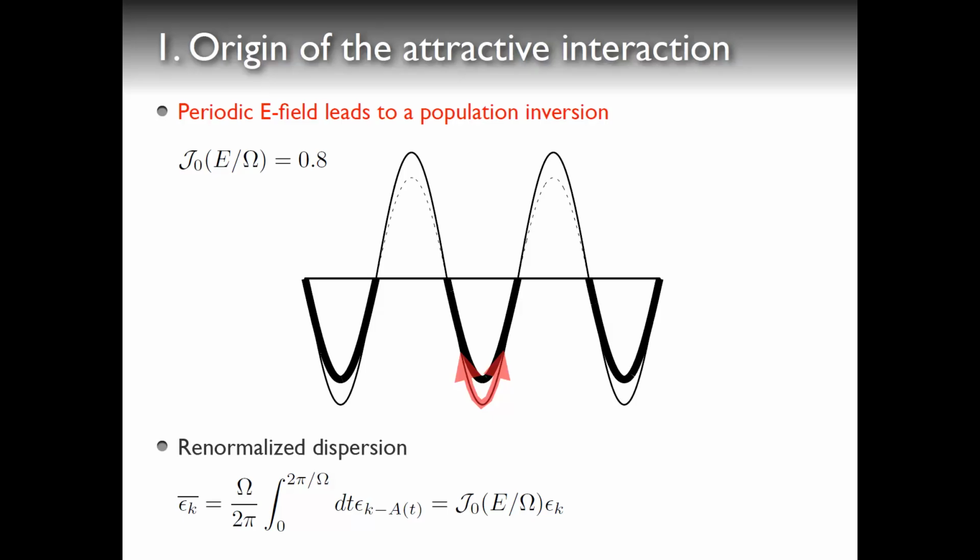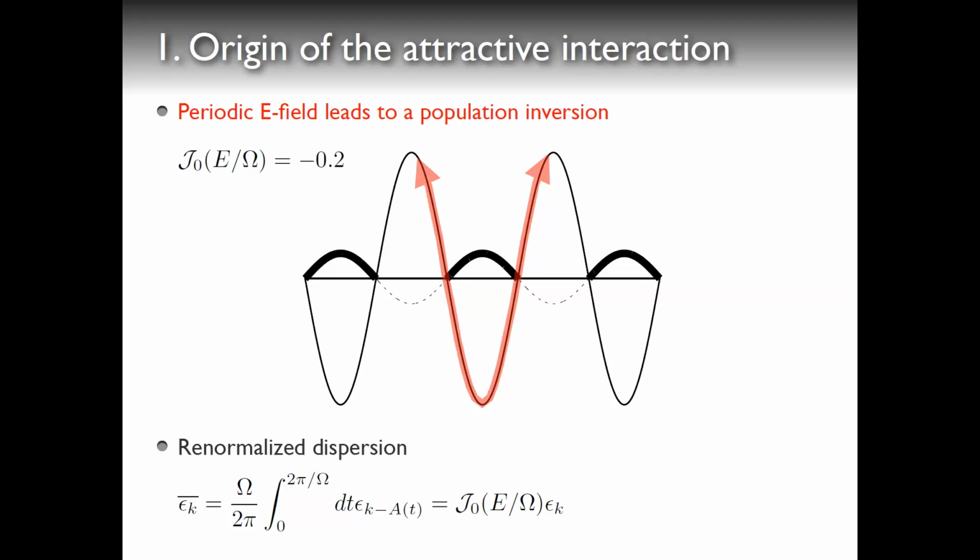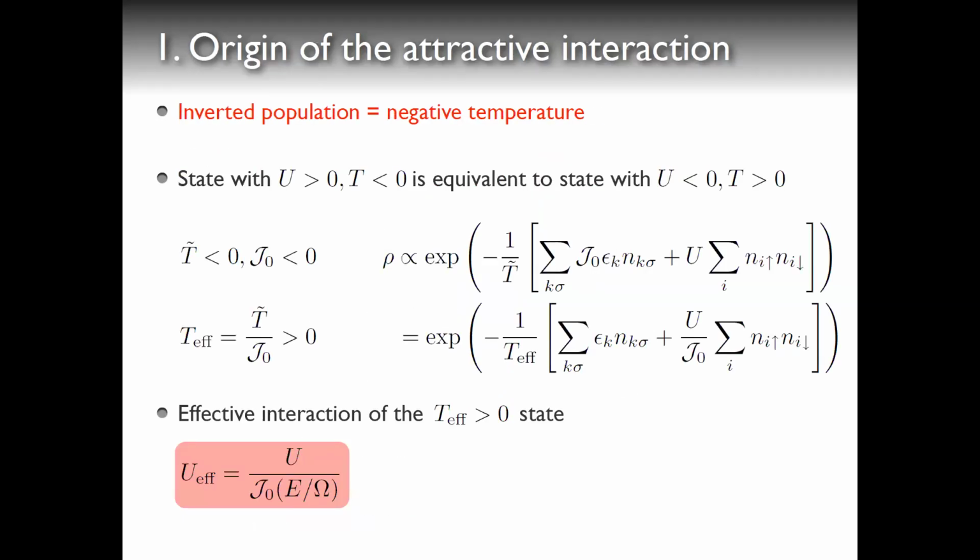And then if we wiggle more, if we have a stronger electric field, the band will be more strongly renormalized. And eventually, if the field amplitude is strong enough, we will invert the band with the population still stuck in the same place. And such a state where we have the high energy states occupied and the low energy states unoccupied corresponds to a negative temperature state. So population inversion corresponds to a negative temperature state.